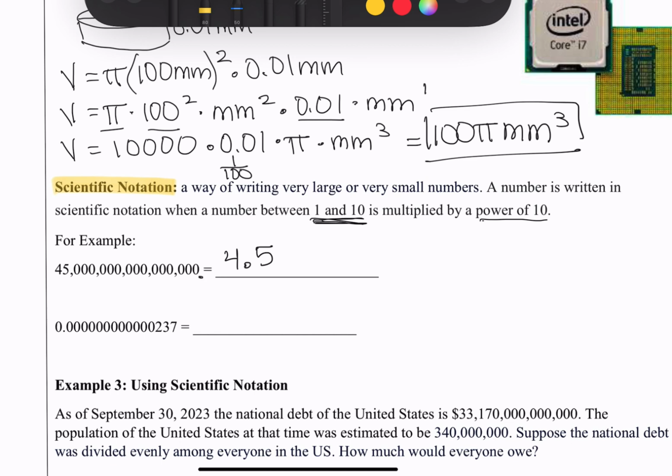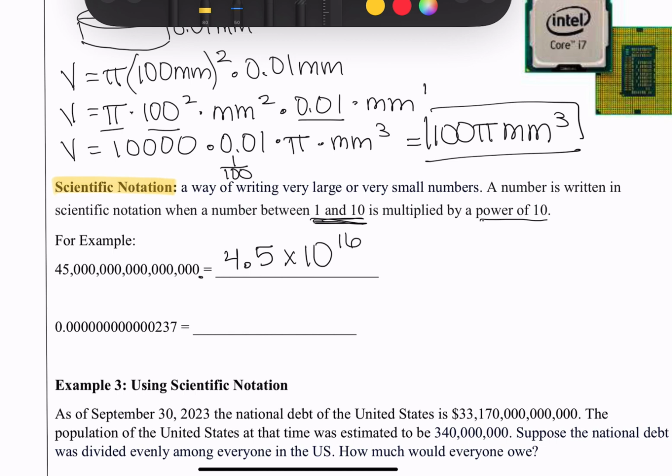How many spaces did I have to move it to the left to make that a 4.5? If you count, I got 3, 6, 9, 12, 15. I moved it 16 spaces to the left. So in order to make 4.5 back into this giant number, I would have to multiply it by 10 to the 16th power.